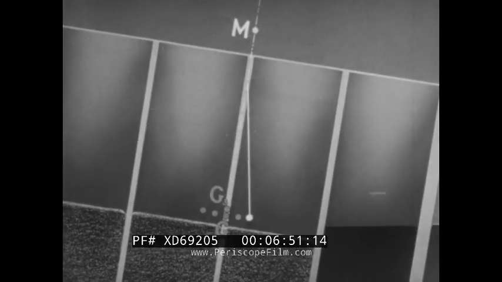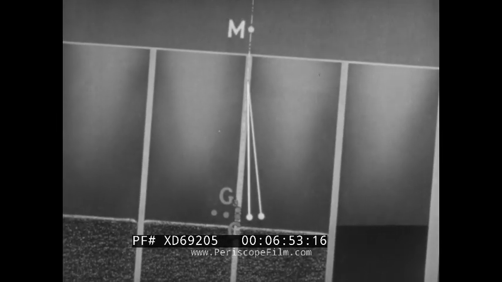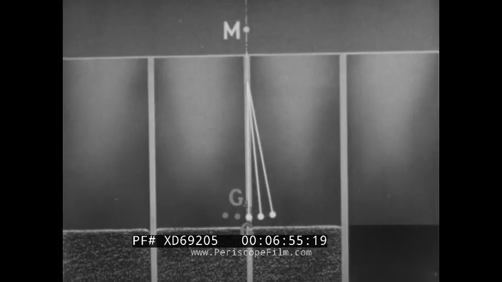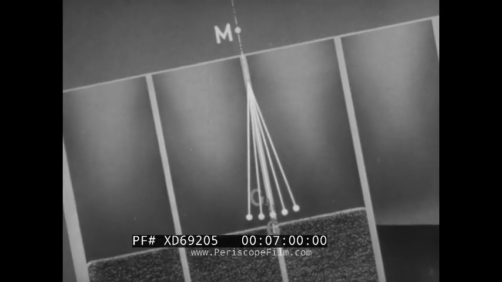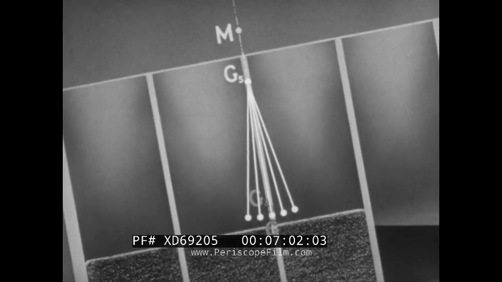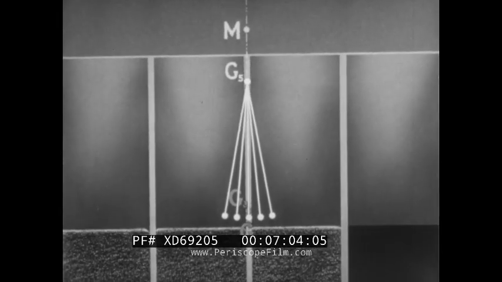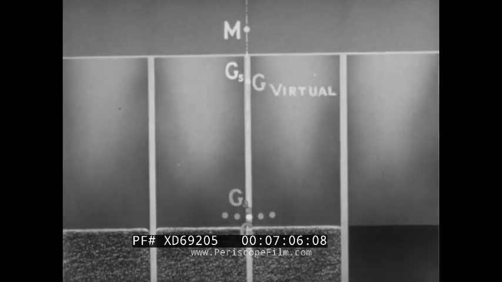If we extend the lines of gravity, they will intersect on the center line at the same point, G sub 5. Just as with free surface, this point is the virtual position of G and may be used in place of the numerous positions of the actual center of gravity.